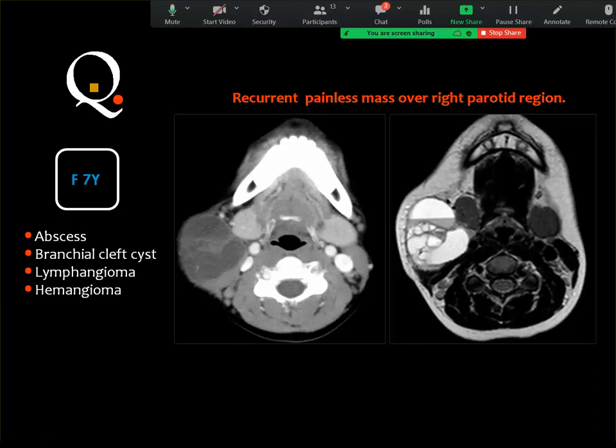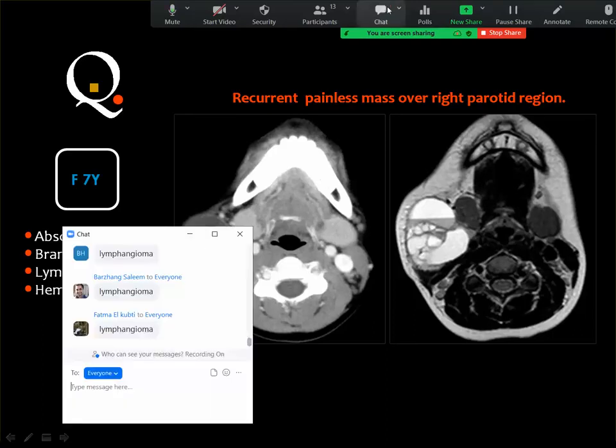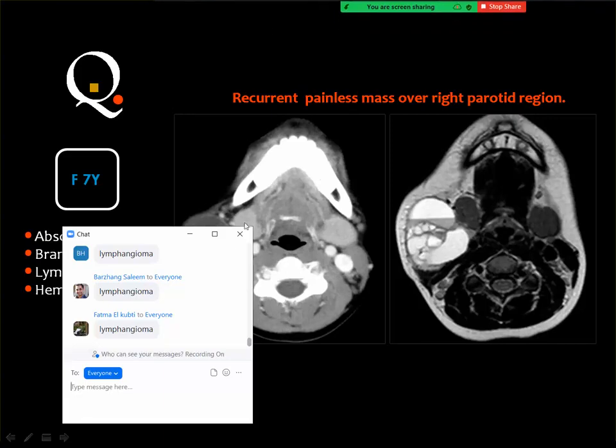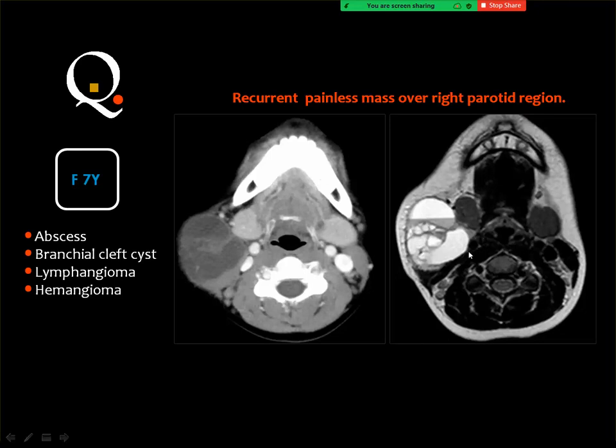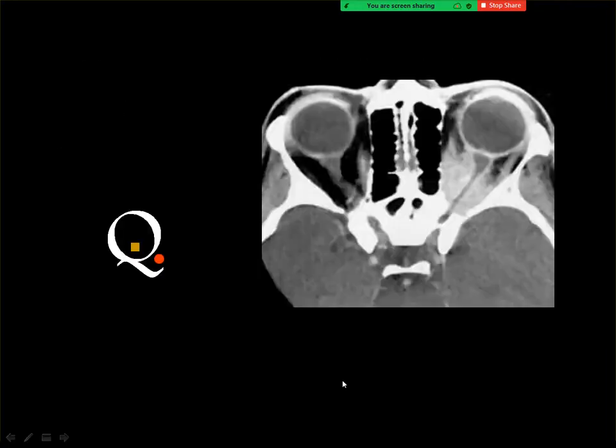The provided possibilities, as you can see, are an abscess or branchial cleft cyst or lymphangioma or hemangioma. Yes, the answer is right, and this is lymphangioma because of the fluid levels inside the lesion, best appreciated in the MRI. This is the right answer. This is lymphangioma of the neck.